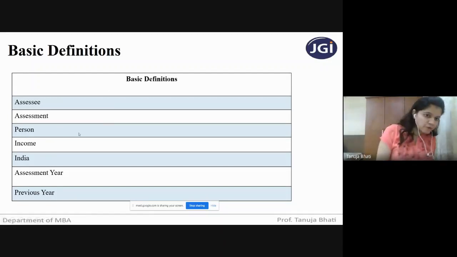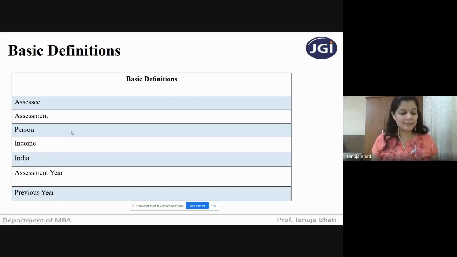Now you all will have a doubt: ma'am, what is the difference between AOP and BOI? Remember students, AOP is Association of Persons, and under the definition of persons you have not only 1, you have 7. That is individual, AOP, BOI, company, firm, HUF, artificial juridical person, local authority.